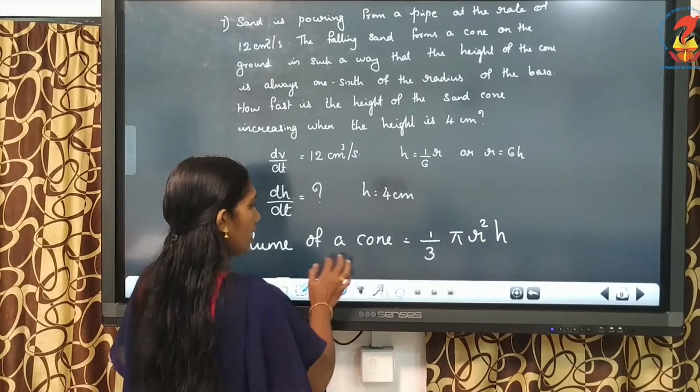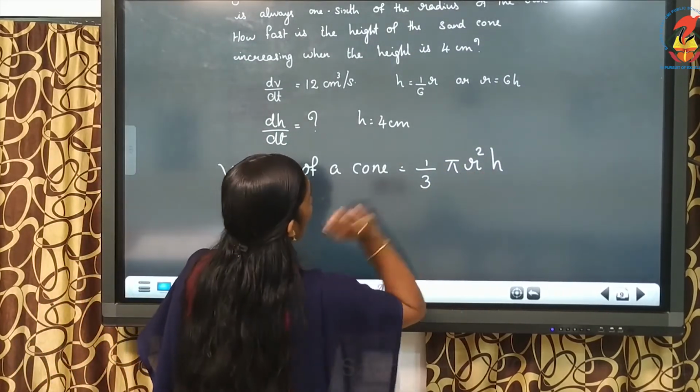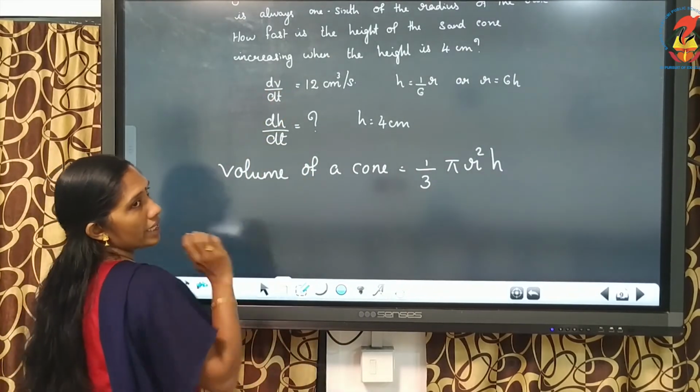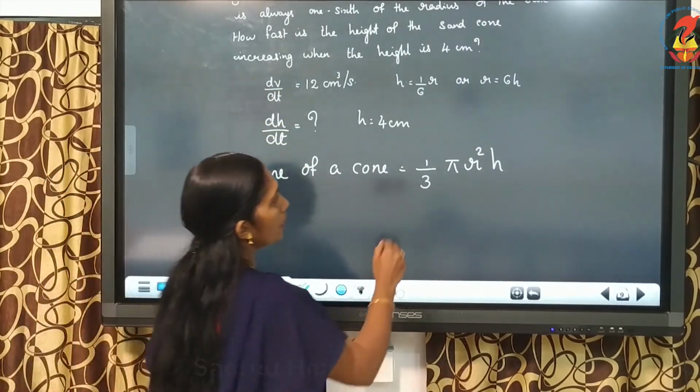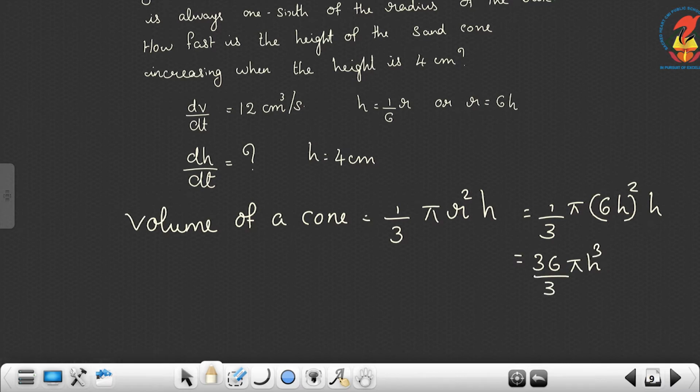So, V is equal to 1 by 3 pi r square h. For r we can substitute 6h. (6h) square into h is 36 pi h cube by 3, isn't it? 36 and 3 we can cancel, 12 pi h cube.